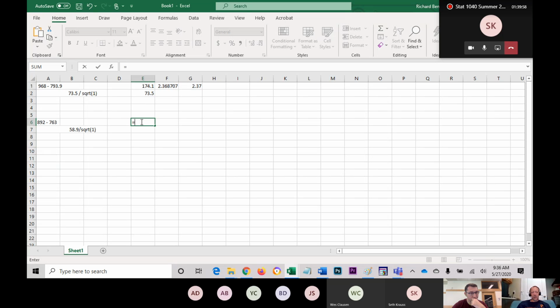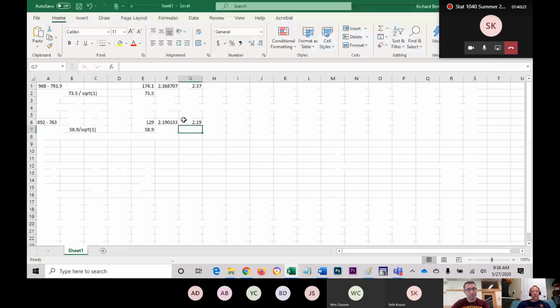That's going to be 892 minus 763, and 58.9 divided by the square root of 1. So that's this divided by that, which is 2.19.